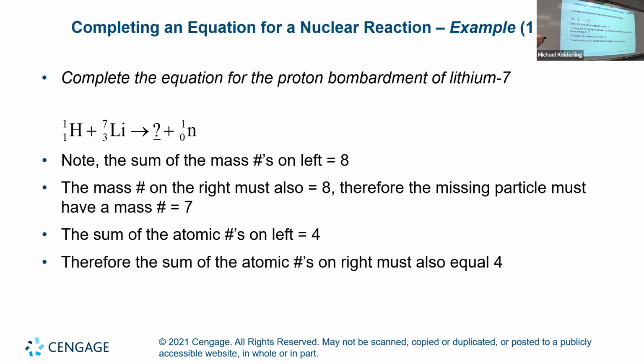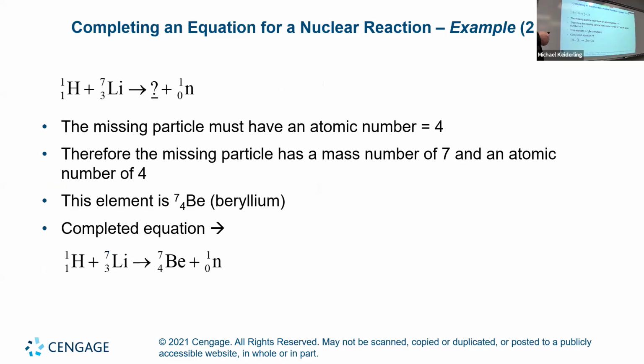A neutron has an atomic number of 0. So we must have 4 protons in whatever we make. That is beryllium. The missing particle has a mass of 7 and an atomic number of 4. So the completed equation is we get beryllium-7 and a neutron.